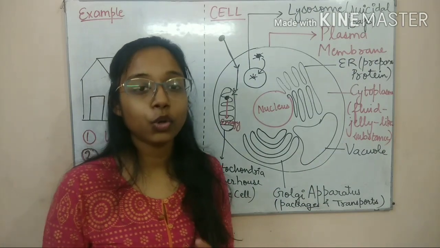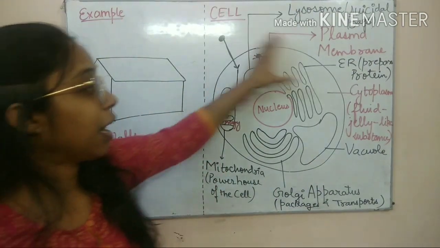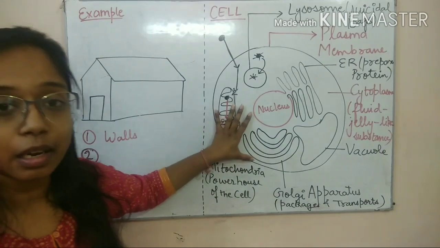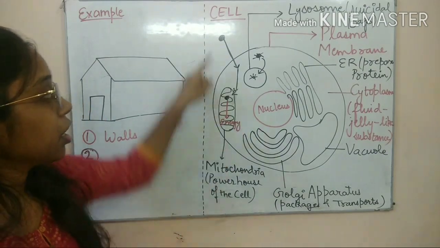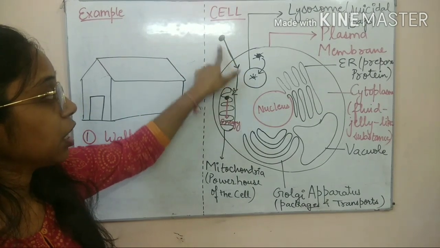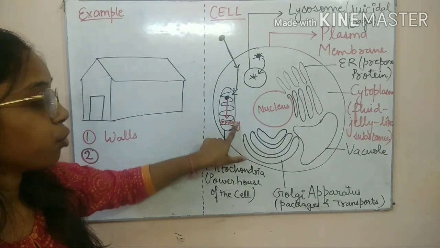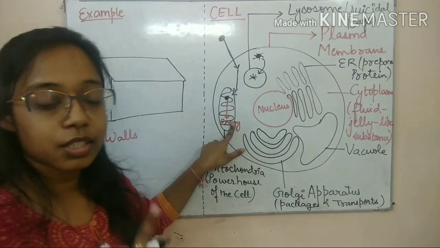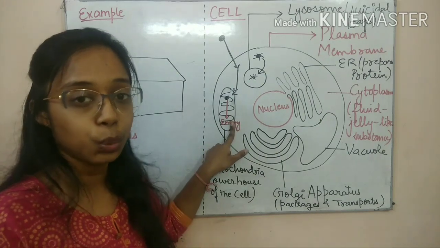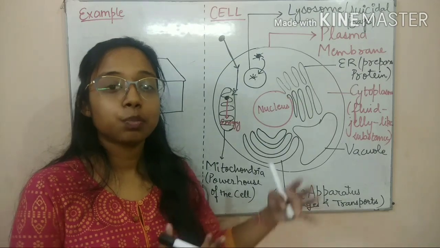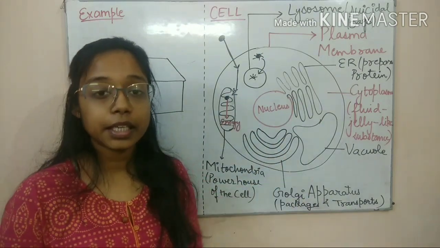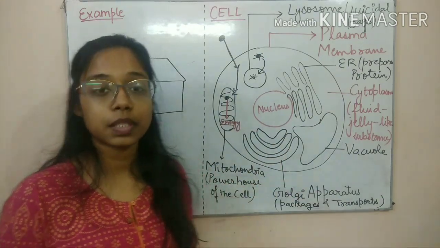So I hope now you have understood how life runs in a cell. I talked about eating. Here the food particle enters the cell and it provides energy. That's what a living body should do. Also, the waste material that is produced inside the cell is excreted out from the cell.